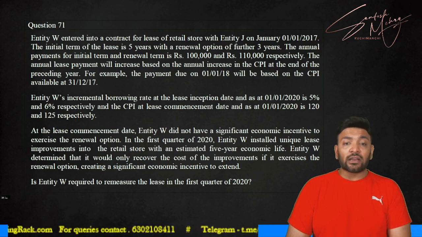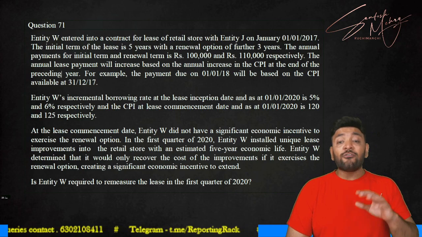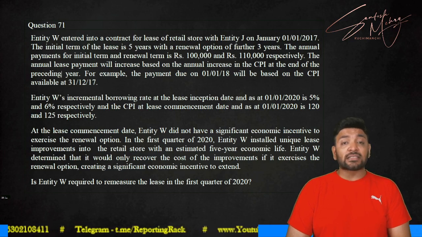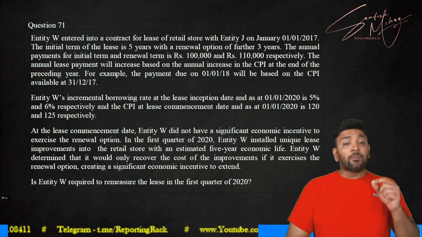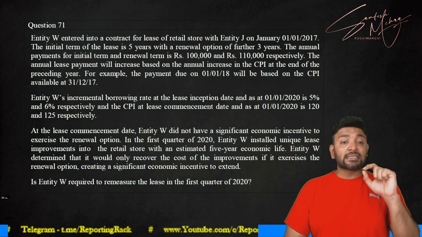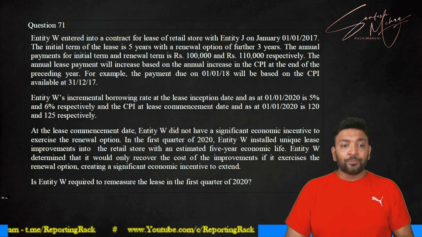In the first quarter ending on 2020, W installed a unique lease improvement into the retail store, which is estimated to have a life of 5 years. So therefore, you can only recover the cost of improvement if they exercise the extension of lease. W has determined that it would only recover the cost of improvement if it exercises the renewal option, creating a significant incentive to extend.